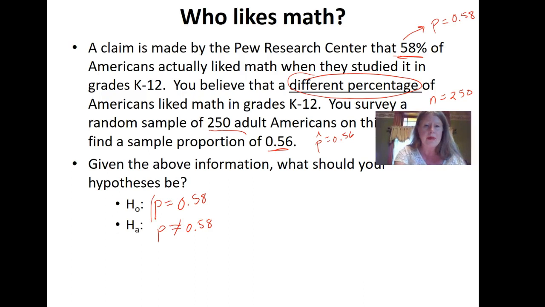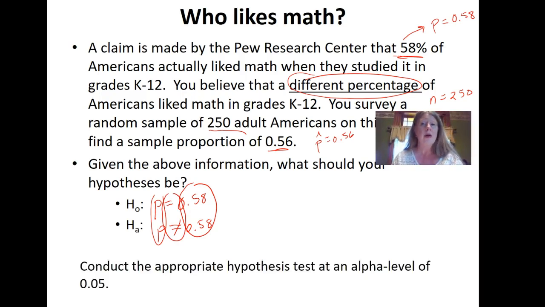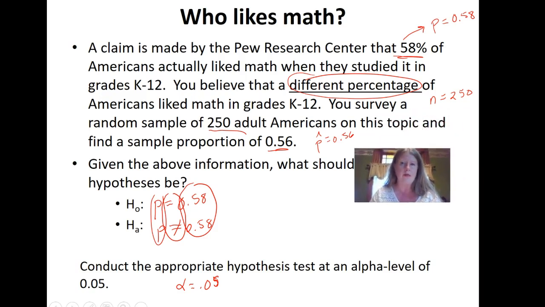I have my p, I have my claimed value, and then I have that sign. And now we want to conduct a hypothesis test, and our alpha level is going to be 0.05. So here, remember, is the symbol for alpha. We try really hard to always give you an alpha. If for some reason we forget and don't specify what it is, just assume it's going to be 0.05.